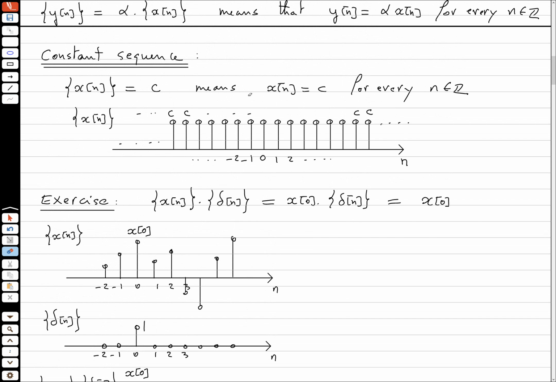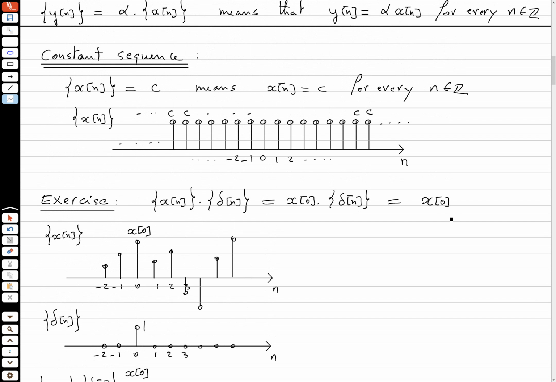Do you see the pointer? Do you see your mistake? If you say that this is a sequence, and you say it's equal to this, you say it's constant equal to x of 0. Your mistake is to think that x of 0 is the description of a sequence that is x of 0 at 0 and 0 outside.